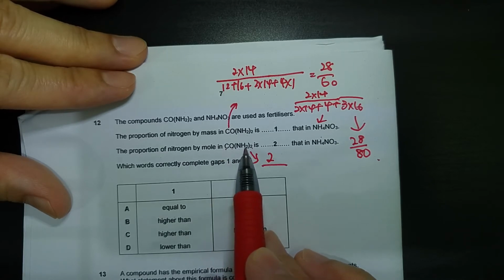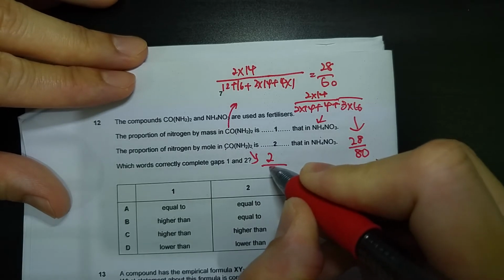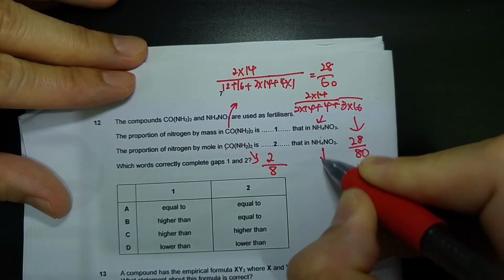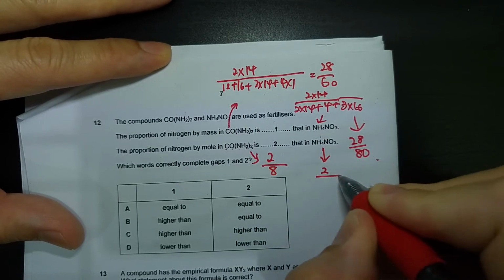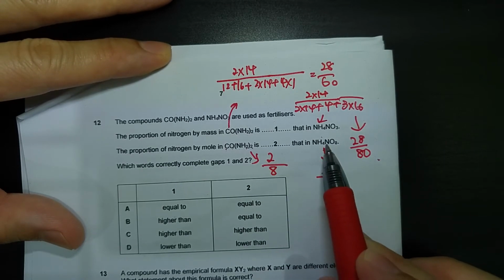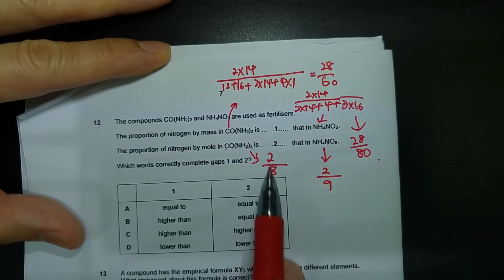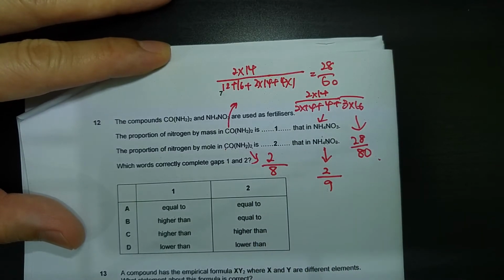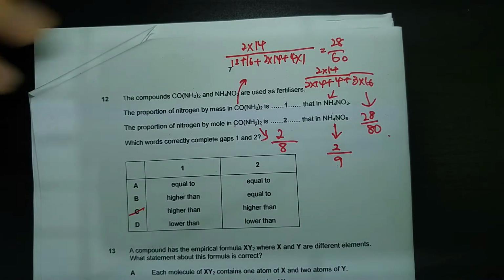So total 4, 5, 6, 7, 8. What about this one? By mole. Same thing, nitrogen, you have 2 mole. Total 3, 4, 5, 6, 7, 8, 9. So which one is higher? 2 over 8 or 2 over 9 is bigger? 2 over 8 is bigger. So which means that the answer is C.